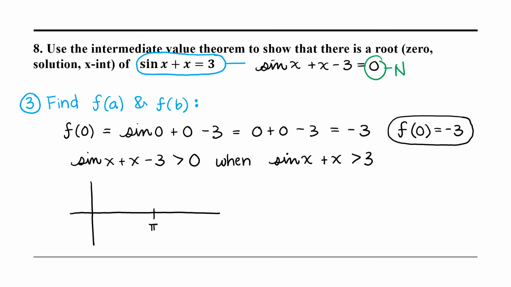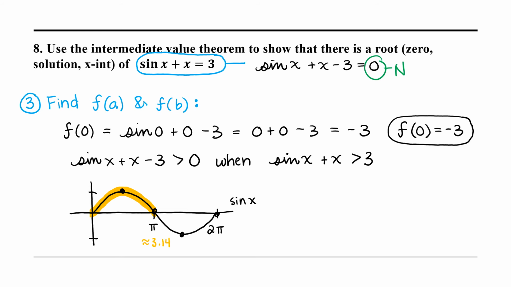So if we graph sine of x from pi to 2 pi, this doesn't look perfect, but it doesn't have to be too perfect. We can see that on the interval from pi to 2 pi, sine of x, remember this is just the graph of sine of x, not our whole function, sine of x is positive from 0 to pi. And pi is about 3.14.